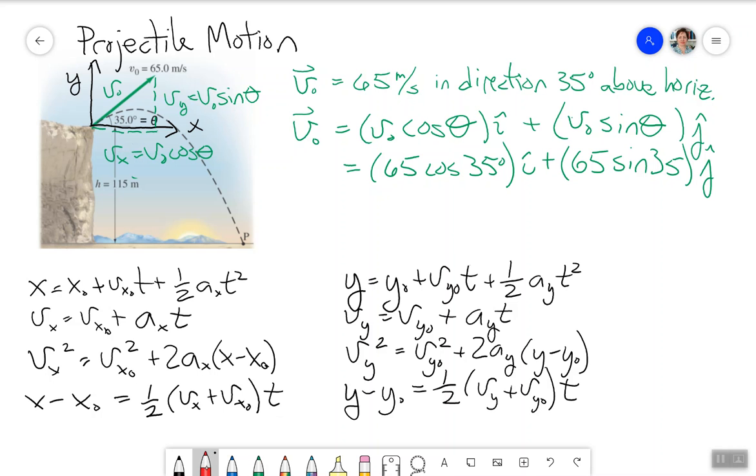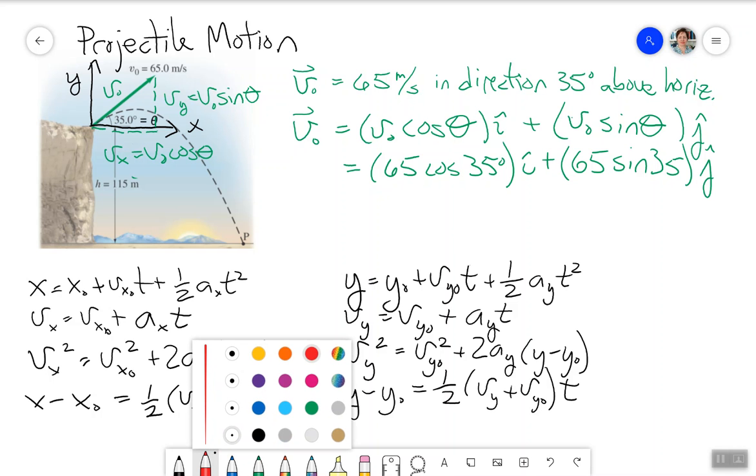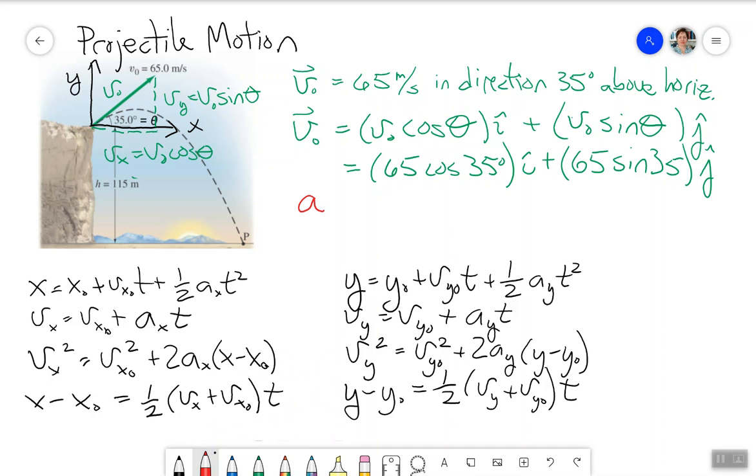Well, what else I know is that this happens on Earth, so I know that the acceleration due to gravity is, with the axes I've chosen, 0 in the i direction. Gravity only acts downward. And it has a component of minus g because it's downward in the y direction, and I chose up to be positive.